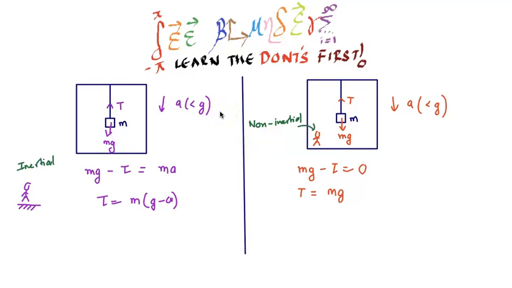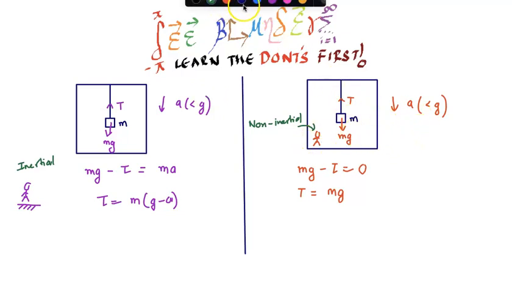And Newton's second law, in its original form, can only be applied when the frame of reference is inertial. For a non-inertial frame of reference, we need to apply something additional known as a pseudo force.